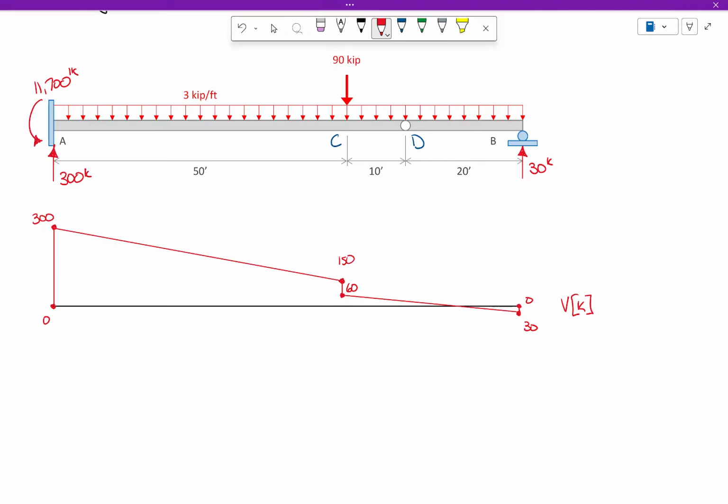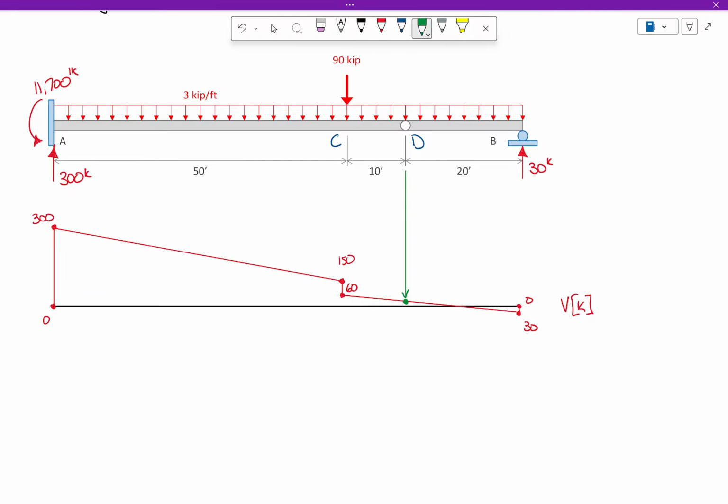Now that the shear diagram is constructed, I do have a question for you. What's the shear right there? 30. Now how do you figure that out from the diagram? Well, you're at 60, right?